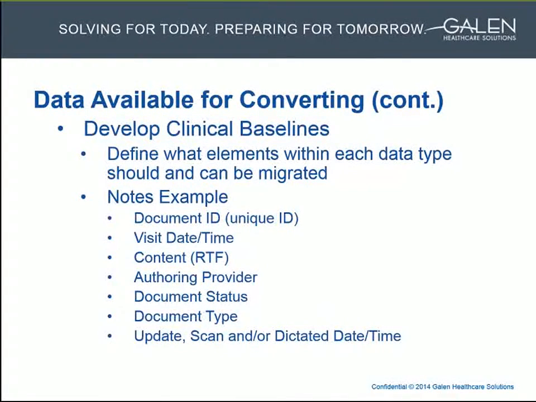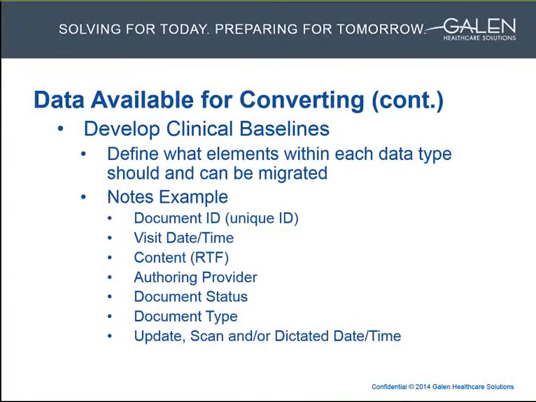For example, I use the notes or clinical documents. Data elements that we would recommend would be something like a document ID from the source system that would be a unique ID for each note, the visit date and time associated with that note, obviously the content, typically in RTF format, the authoring provider, document status, document type, and updated, scanned, or dictated date and time.